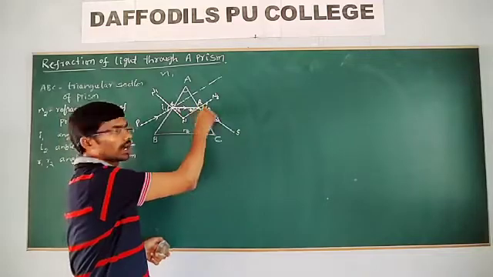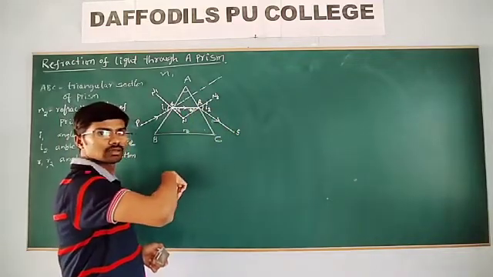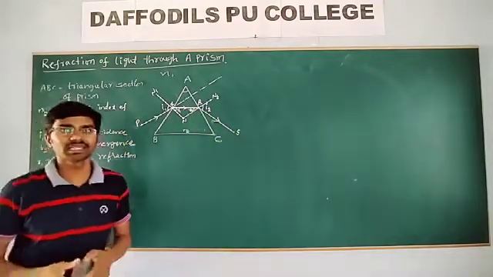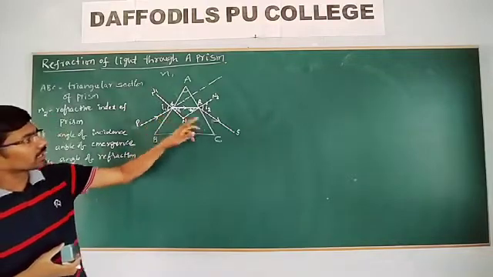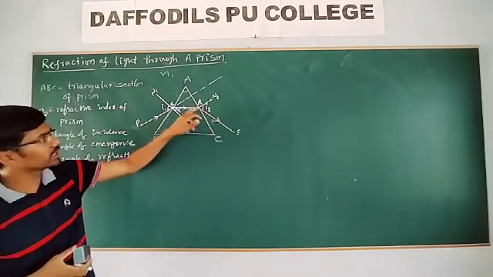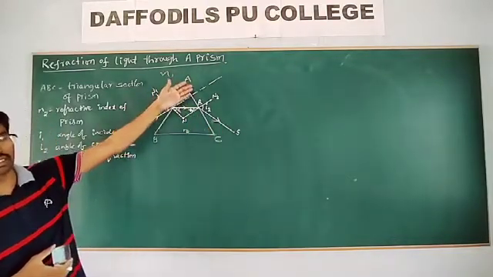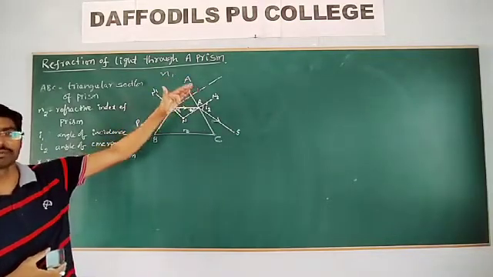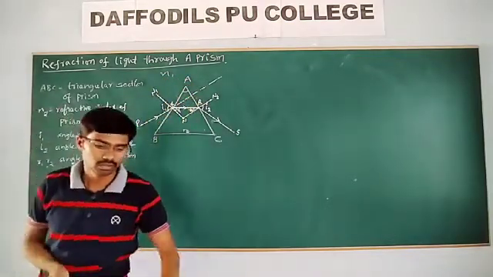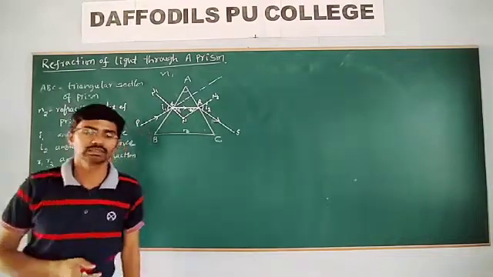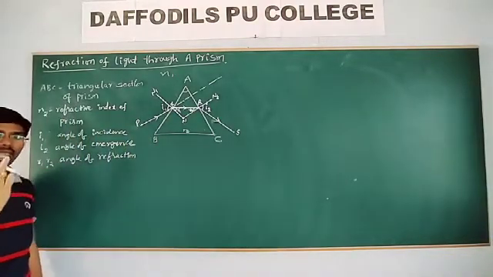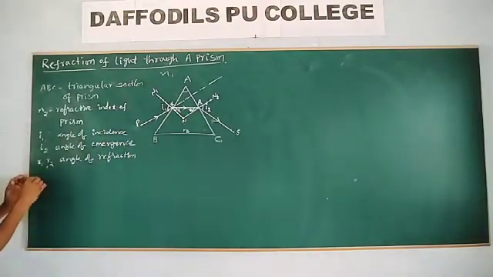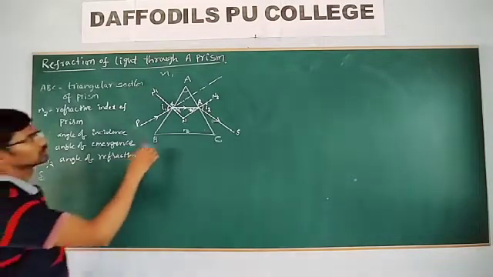And this is RS, the emergent ray. Now, if you measure the angle between the emergent ray and the direction of the incident ray, it is taken as the angle of deviation, which is very important. Let me take it here as delta.